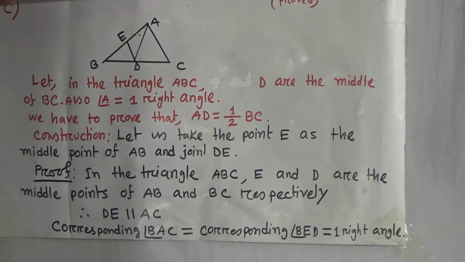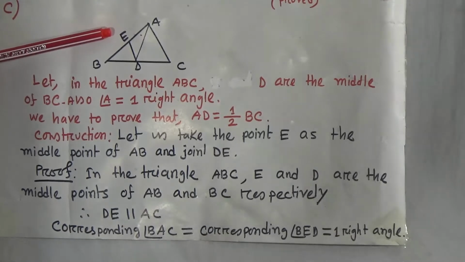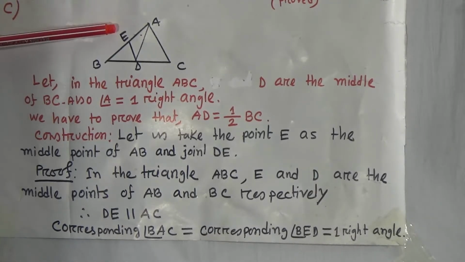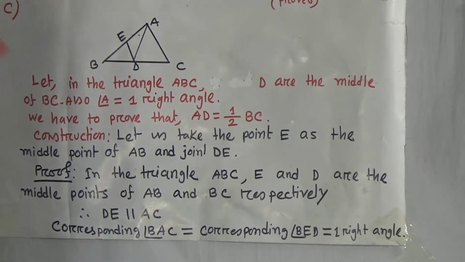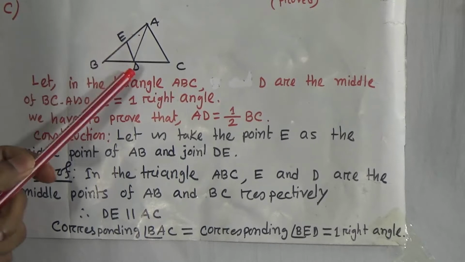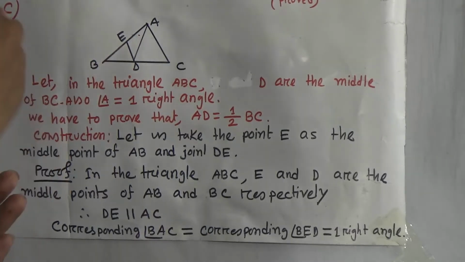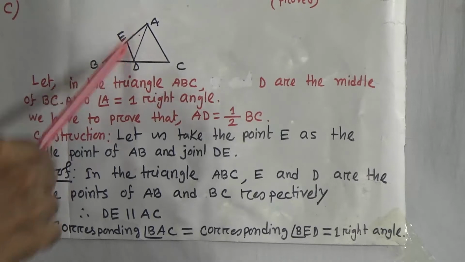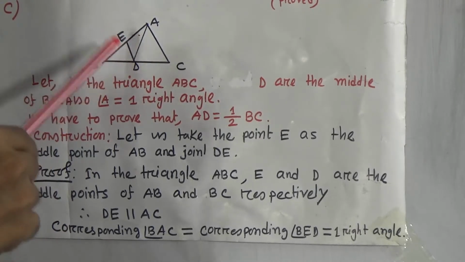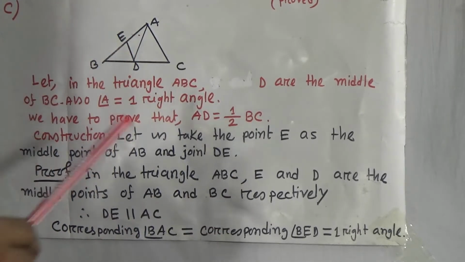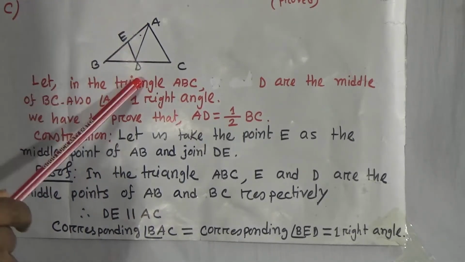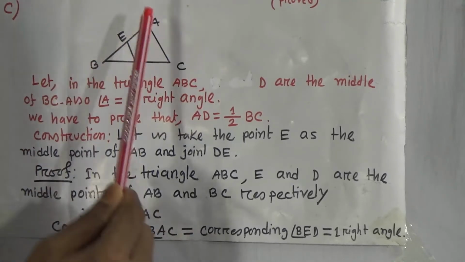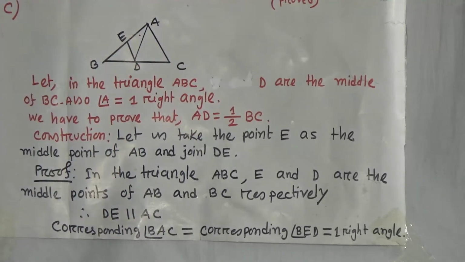Okay, AE equals what? BE, because E is the middle point. Therefore, we can say AE equals BE. DE equals DE because DE is the common side of the two triangles. Now see another: angles BED and AED are the same, that means they are right angles.